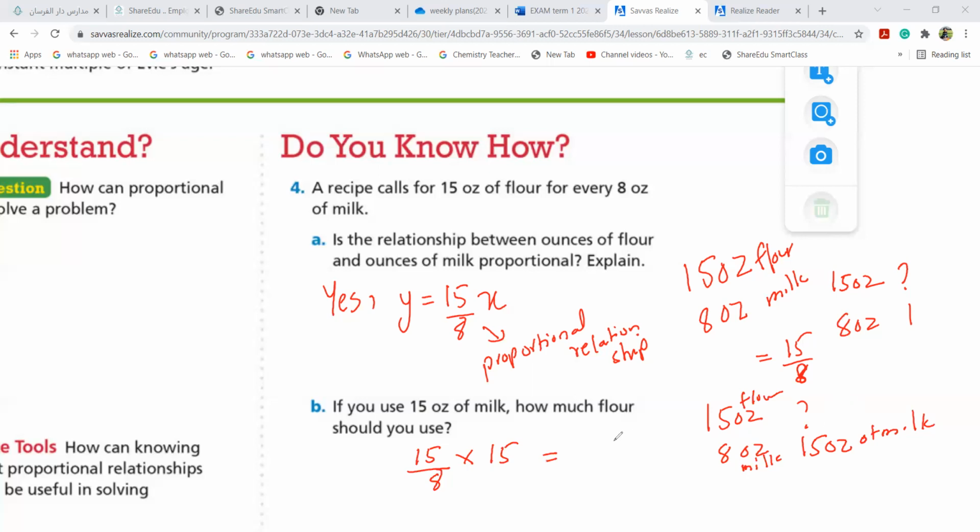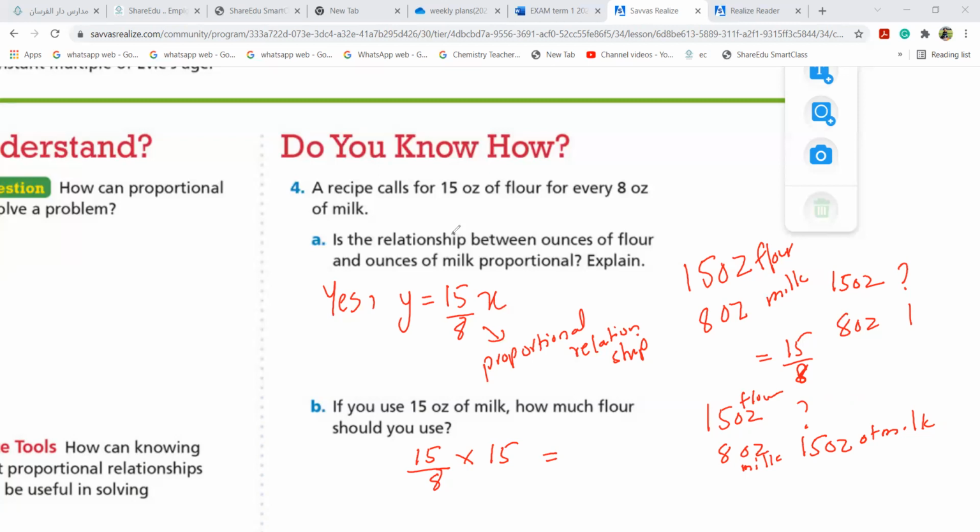So if I use the calculator, 15 divided by 8 equals 1.875. And then multiplying, I get 28.125.